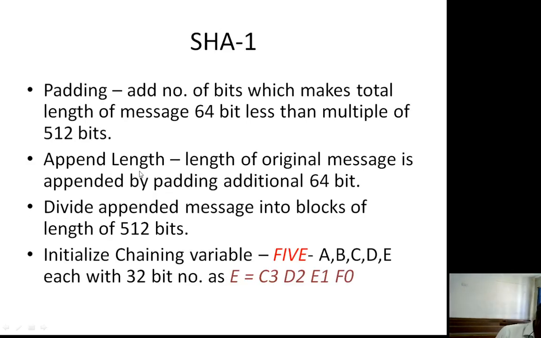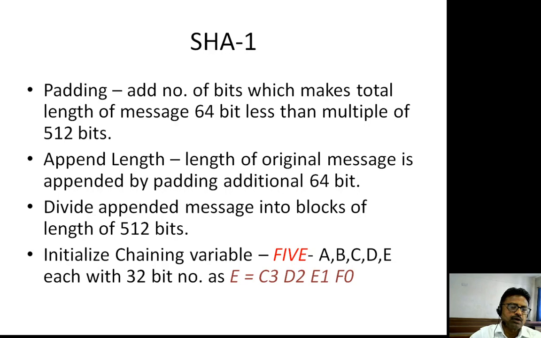Now, in MD5 the first process was padding. We add a number of bits which makes the total length of the message 64 bits less than a multiple of 512 bits. This operation we used to do in MD5, and the same step is also used in the SHA1 algorithm.